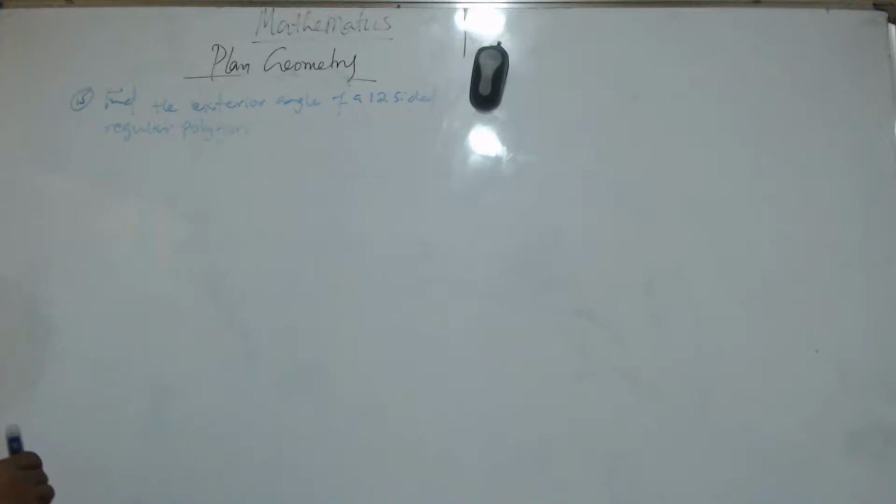Find the exterior angles of a 12-sided regular polygon.